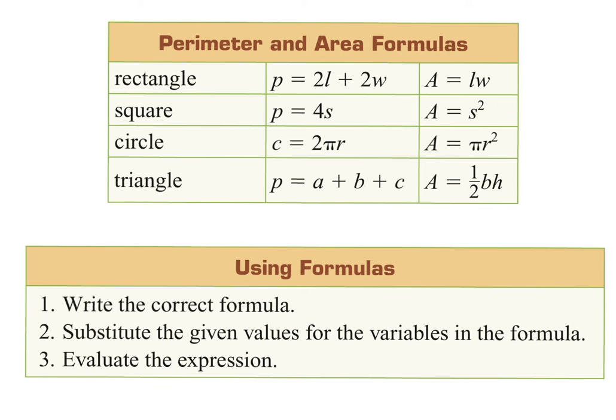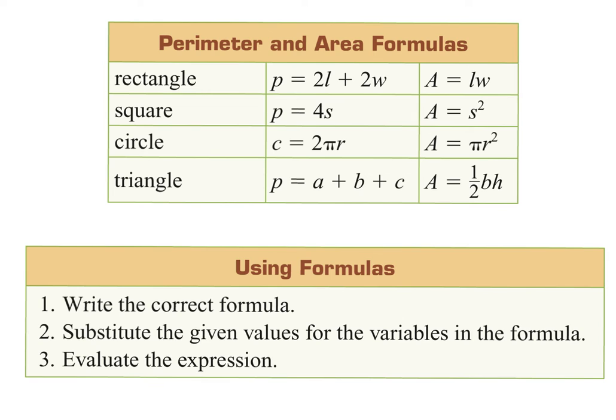These are some common formulas that you will see and will be expected to know, and you probably have used them. Perimeter and area. All right, next year especially we'll do areas of circles. We won't do it as much in here because I'm not going to make you approximate pi at 3.14. Next year you'll get to use a calculator and use the actual pi that your calculator rounds it to, which is a little bit more significant.